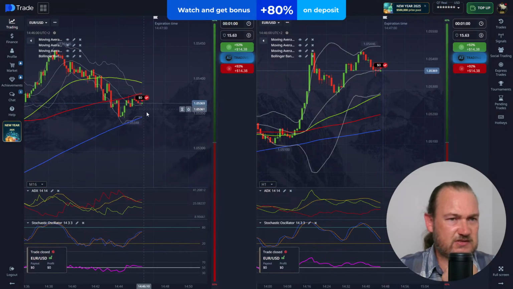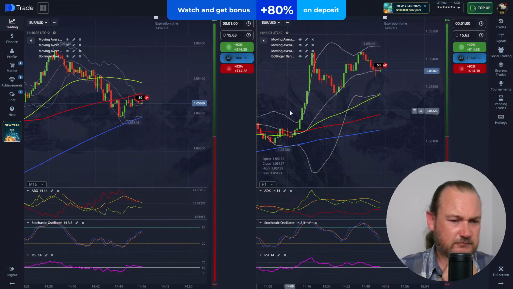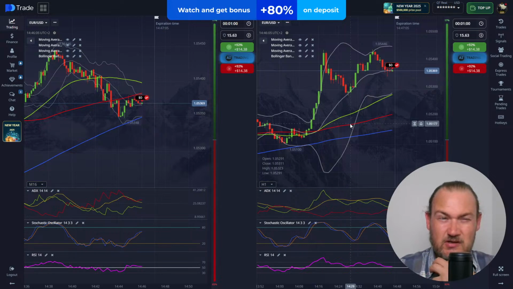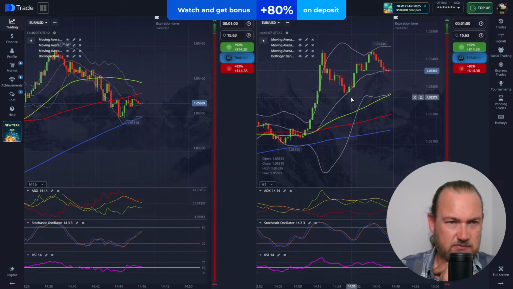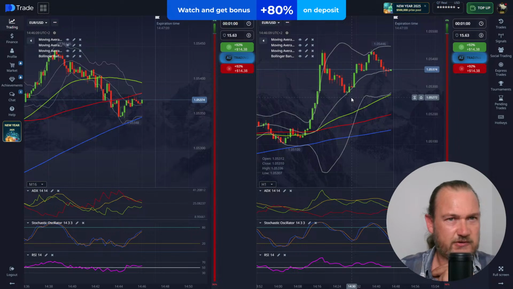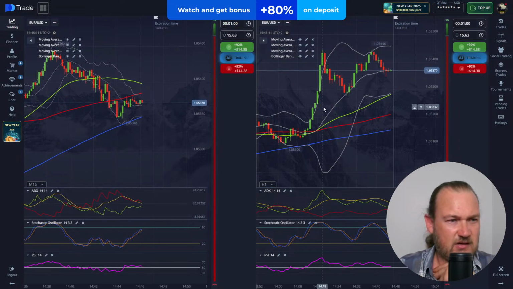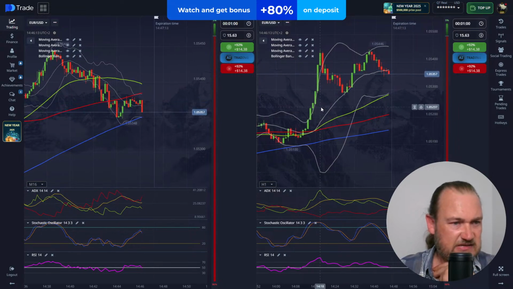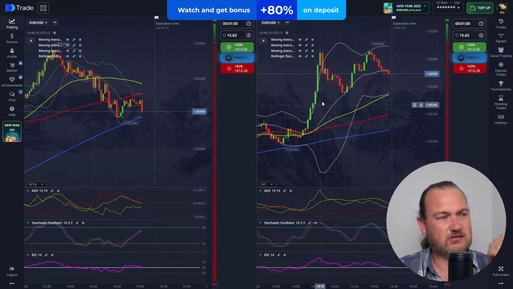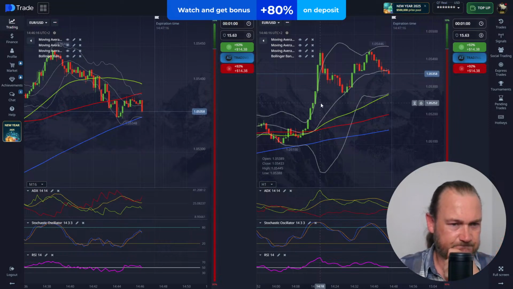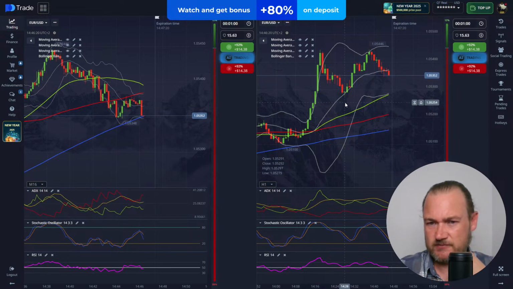Well, this one's going to lose again. I am kind of rushing trades at the moment. I'm not too worried about accuracy as much as the actual Martingale money management strategy.